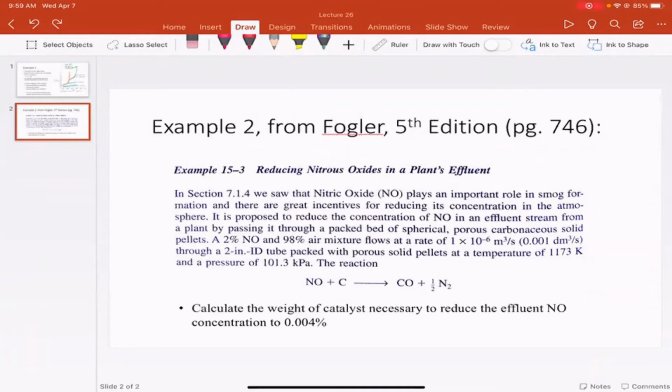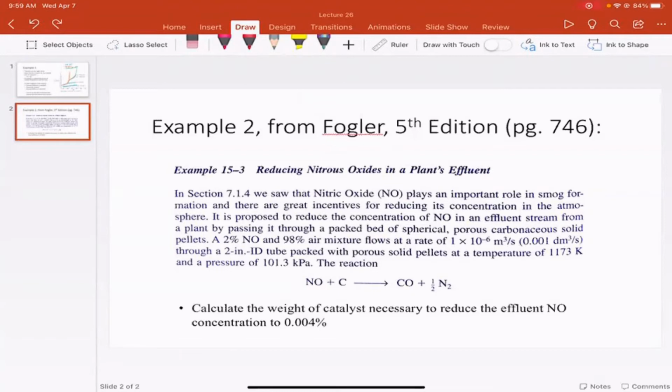And I like this problem a lot because it really does combine all of the stuff that we've done for the last few weeks. It's everything all wrapped up in one problem. And that problem says in section 7.14, we saw that nitric oxide plays an important role in smog formation, and there are great incentives for reducing its concentration in the atmosphere. It is proposed to reduce the concentration of NO in an effluent stream from a plant by passing it through a packed bed of spherical, porous, carbonaceous solid pellets.